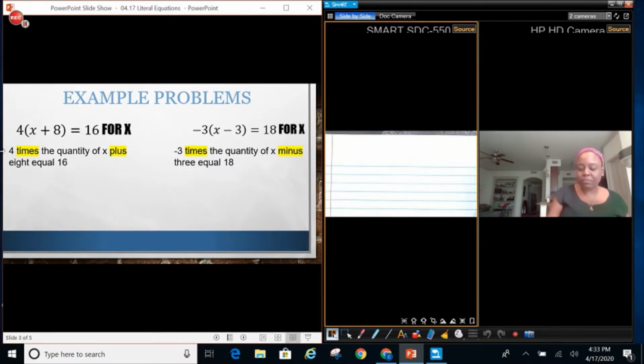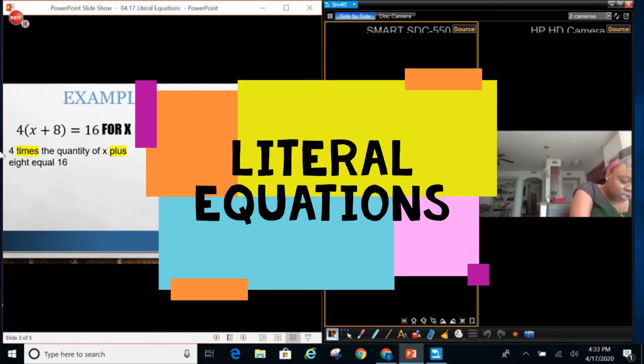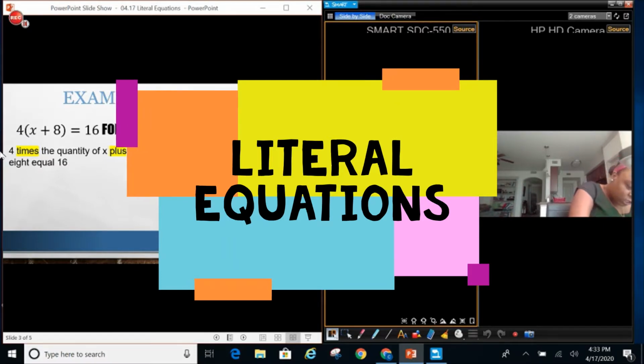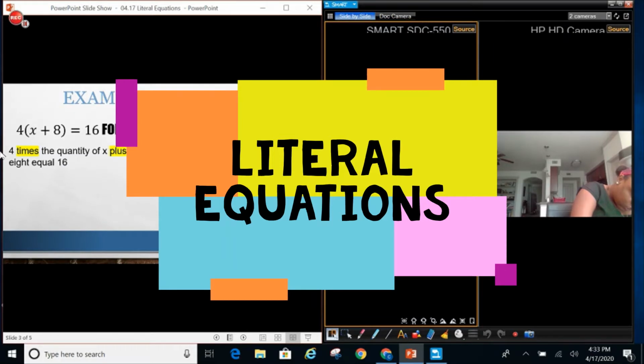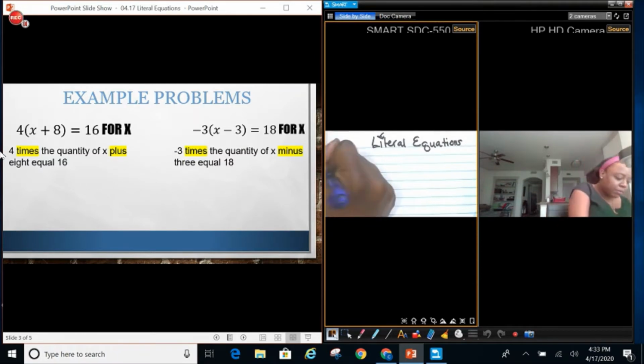So I'm going to write this problem down on my paper. Let's title it Literal Equations. Number 1.